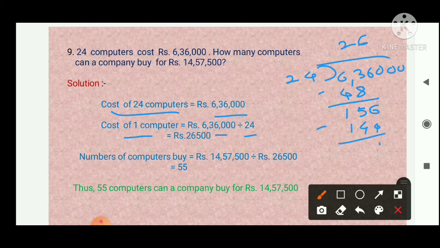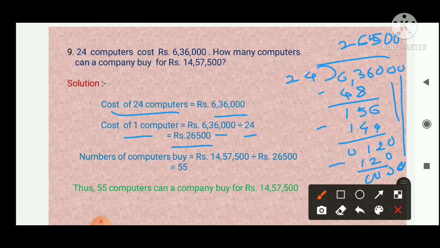We subtract, we get 12. Next digit 0 we bring down, quotient 5. Now next digit 0 we bring down, quotient 0. Again one more 0 we bring down, we get quotient 0. In this way we get quotient 26,500, which is the cost of one computer.